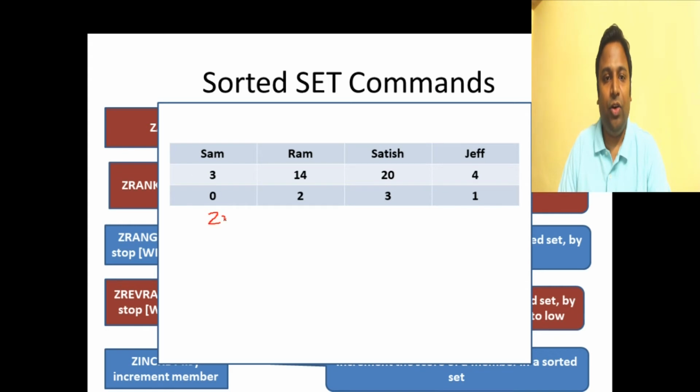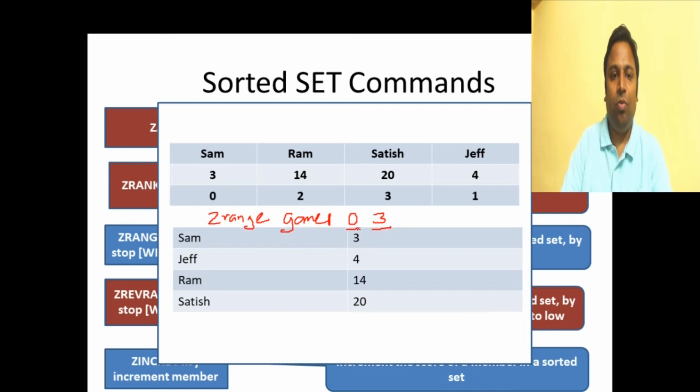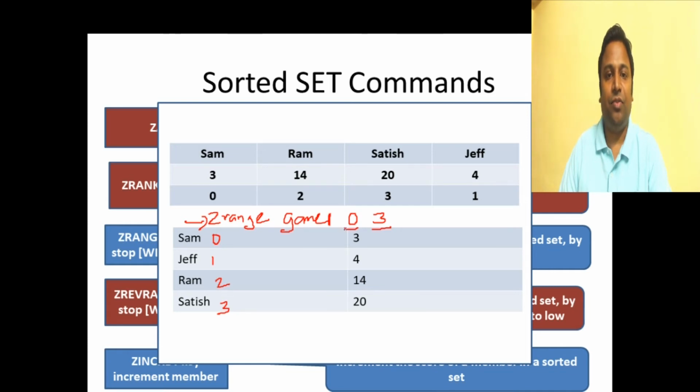So for that, we are going to use the command ZRange, and then we are going to give the name of the sorted set, that is game1, and then we are going to give 0 and 3. So it will start from rank 0, go till rank 3 and print all the members corresponding to the ranks. So what will be the output? Sam will be rank 0, Jeff is rank 1, Ram is rank 2, Satish is rank 3. So using the ranks, we can print a range of elements from the set.